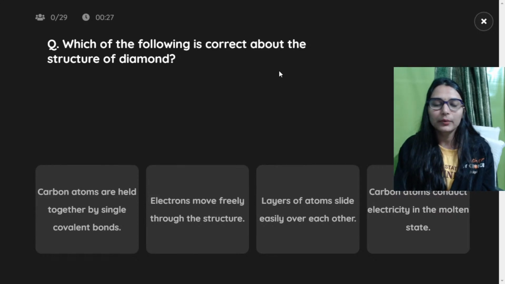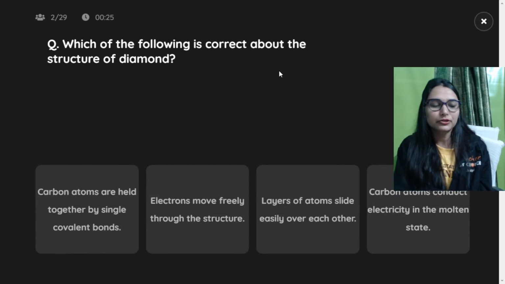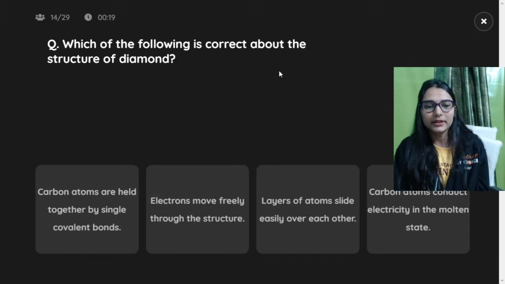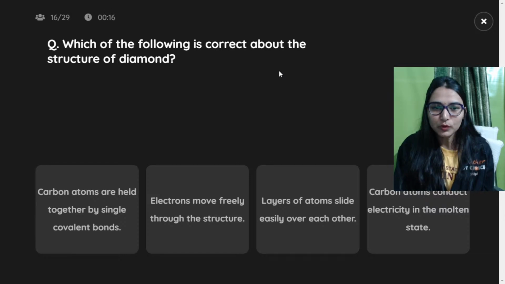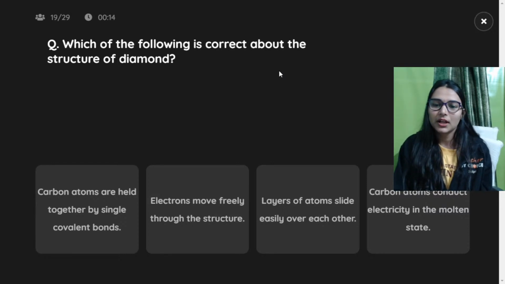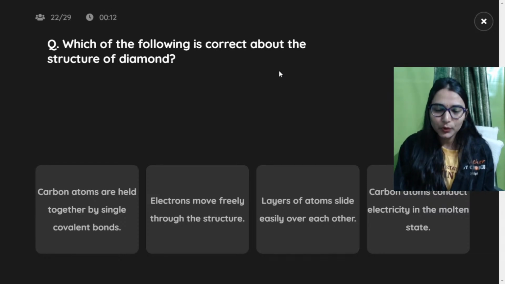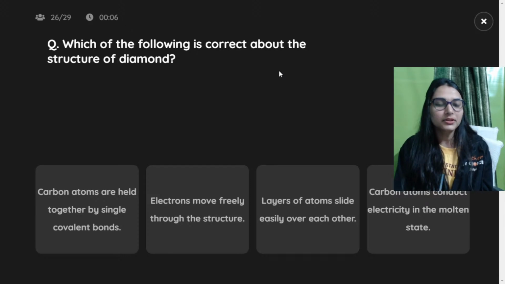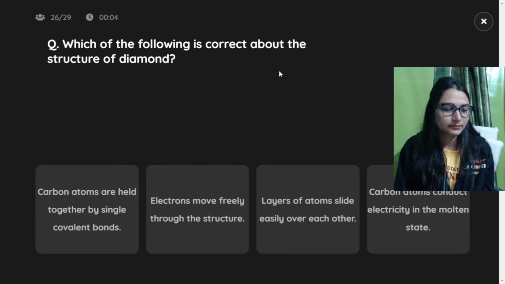Which of the following is correct about the structure of diamond? Carbon atoms are held together by single covalent bonds. Electrons move freely through the structure. Layers of atoms slide over each other. Carbon atoms conduct electricity in molten state. Yes, amazing.